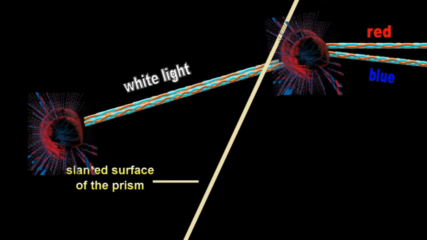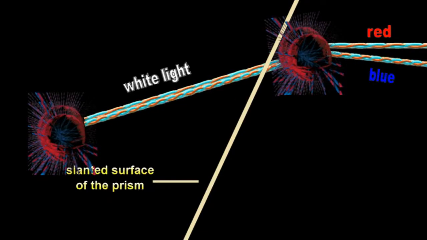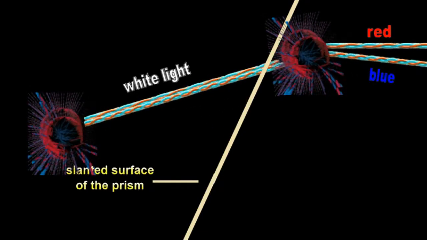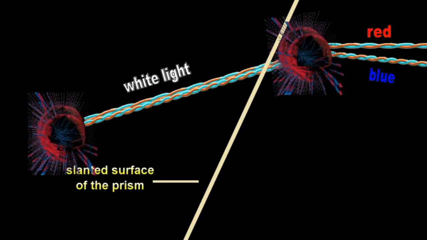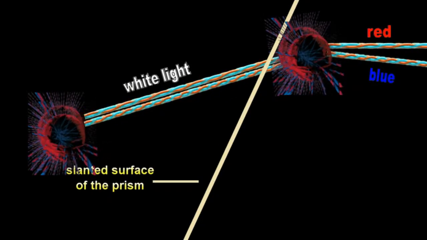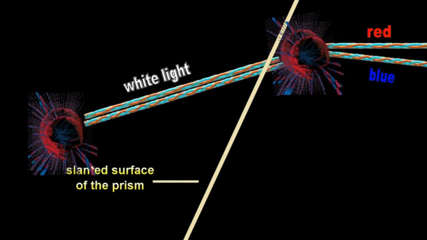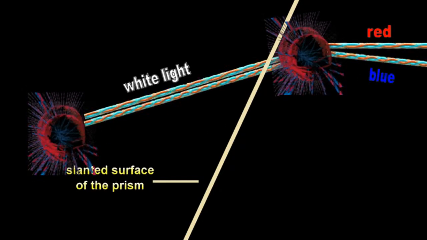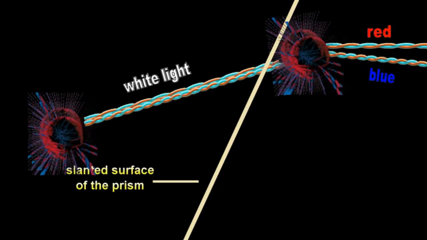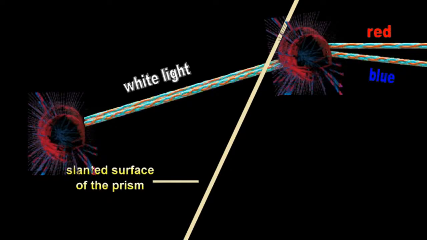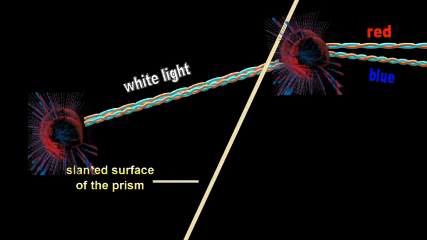You see the slanted surface of the prism, so you have really two atoms, because one atom is going to send one frequency, one link length, and the other one is going to send another one. One atom sends the blue, the other sends the red. They're pumping, doing their quantum jump, and the ones in the prism are relaying that same red and blue signal to other atoms inside the prism.